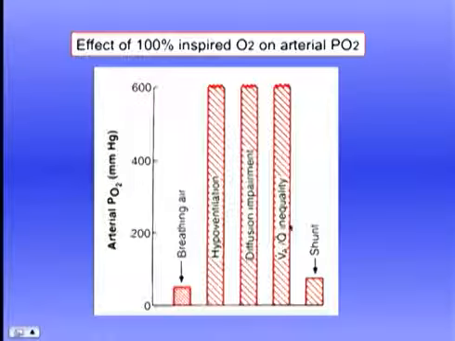Well, now here, if you give oxygen over a long enough period of time, again, you can expect the arterial PO2 to rise to a very high value. Because what you do is you wash out the nitrogen in all the alveoli, and therefore the PO2 in all the alveoli is very high, probably of the order of 600 millimeters of mercury or something like that. However, there are two caveats about that.